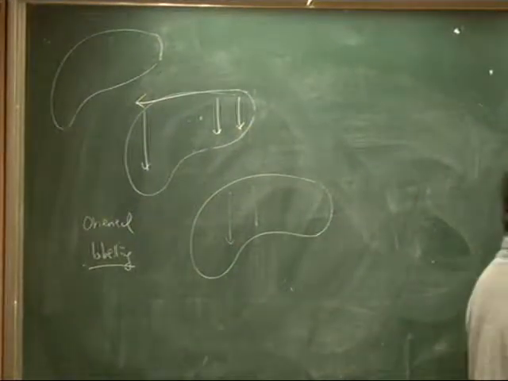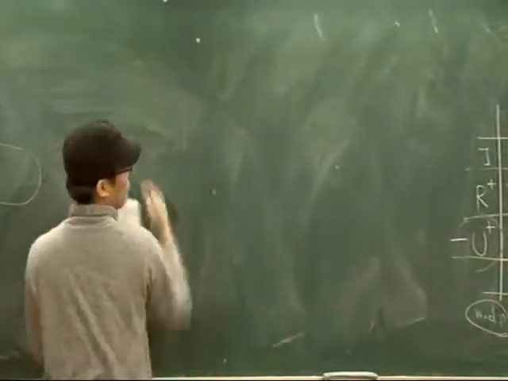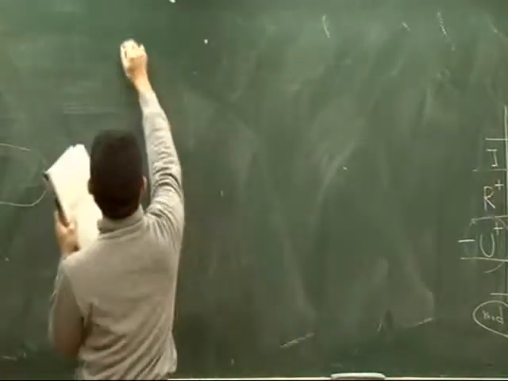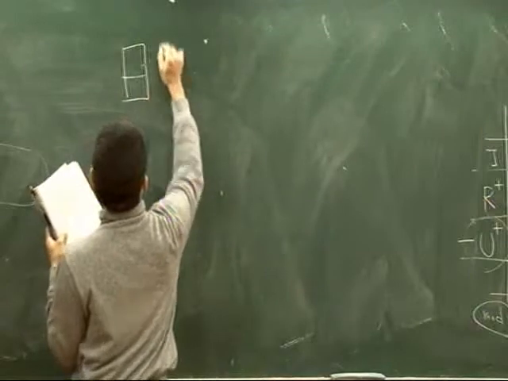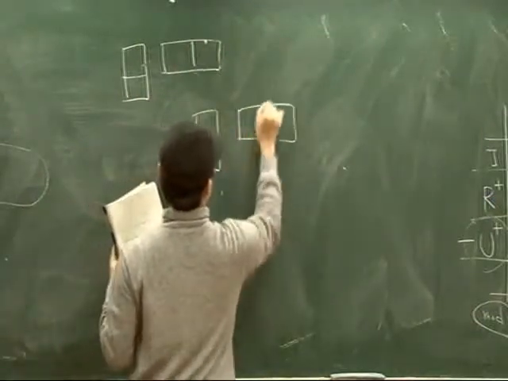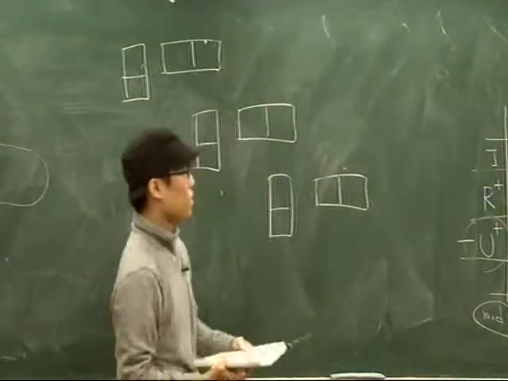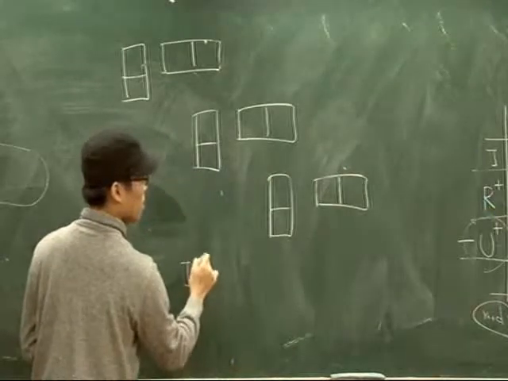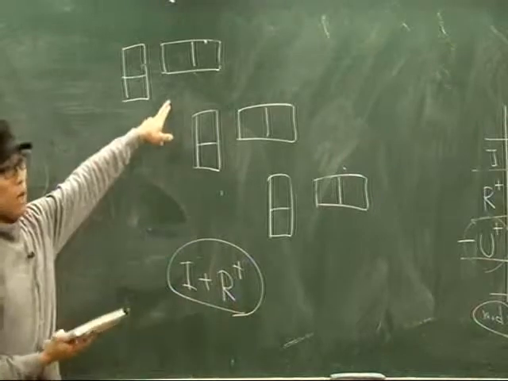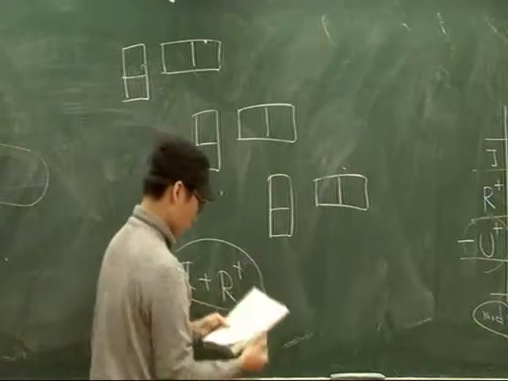So we can ignore this U plus, and if we write down the number I plus R plus in each box, we get some interesting numbering.